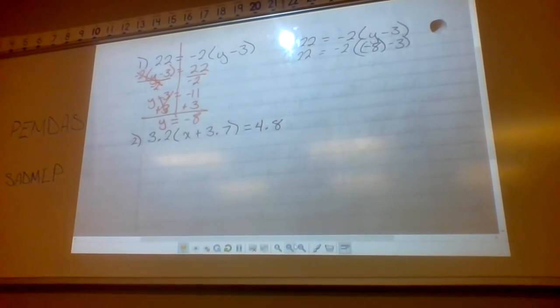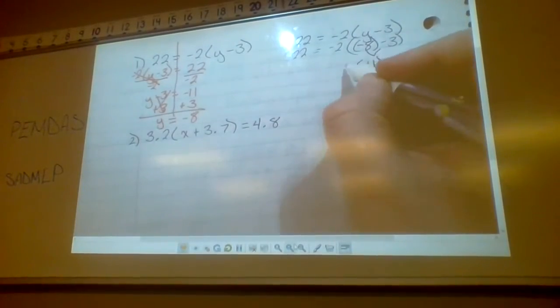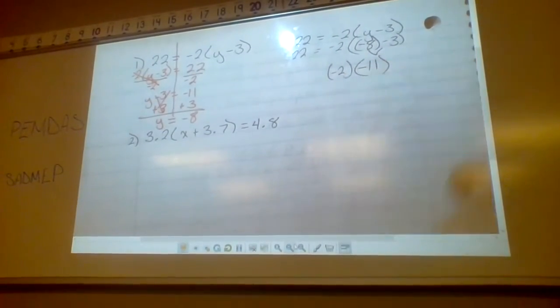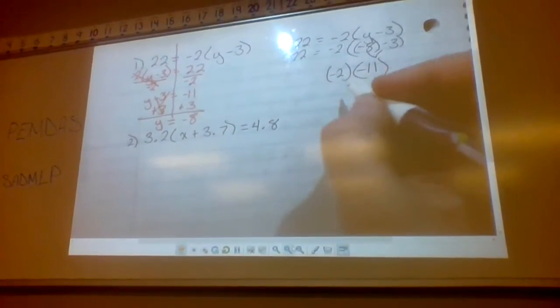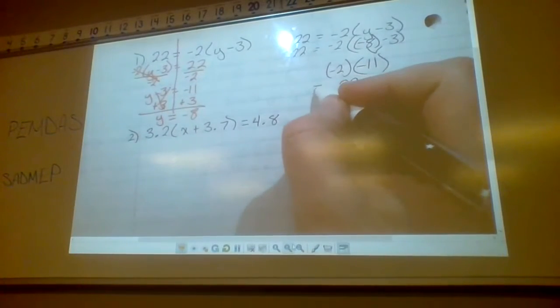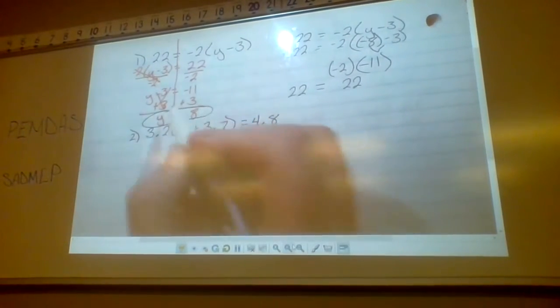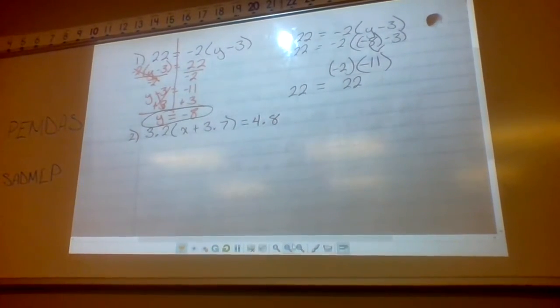What is negative 8 minus 3? Negative 11. What is negative 11 times negative 2? 22. Negative or positive? Positive. Why? Negative times a negative equals a positive. That guarantees that y equals negative 8 is correct.